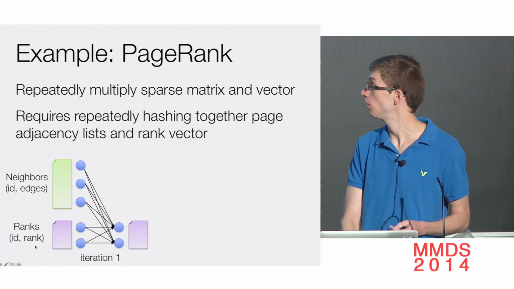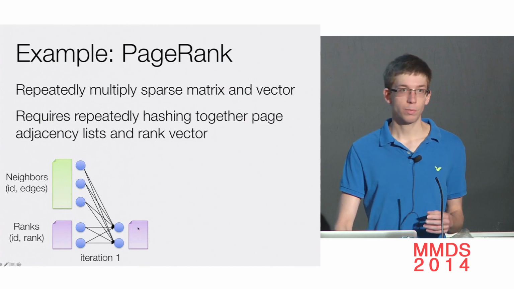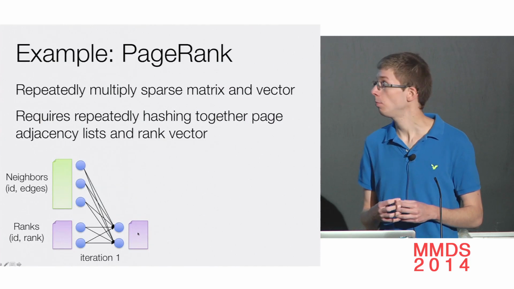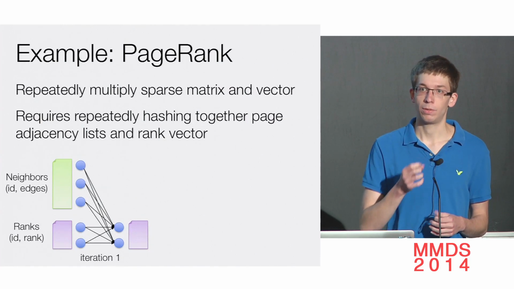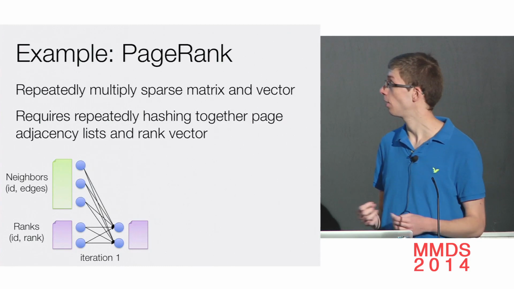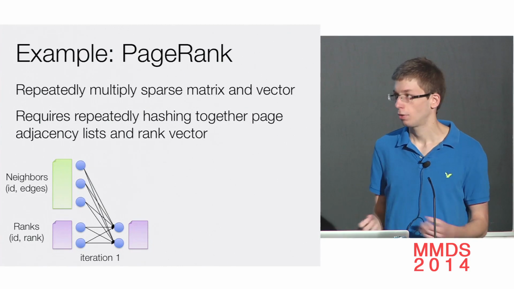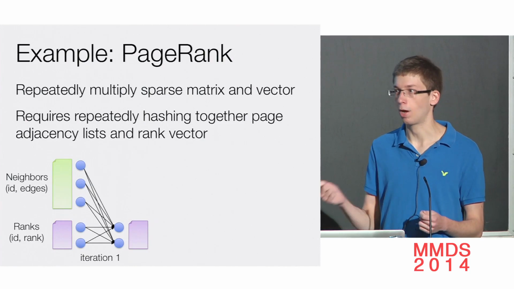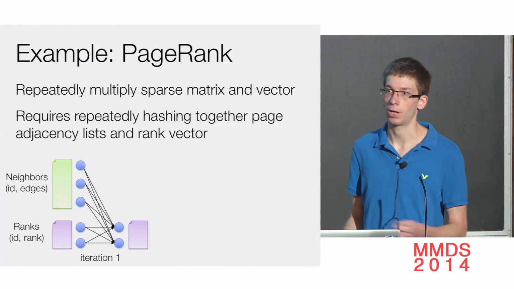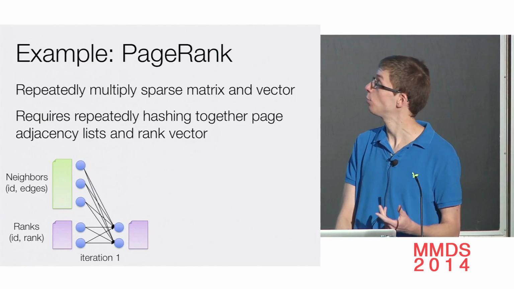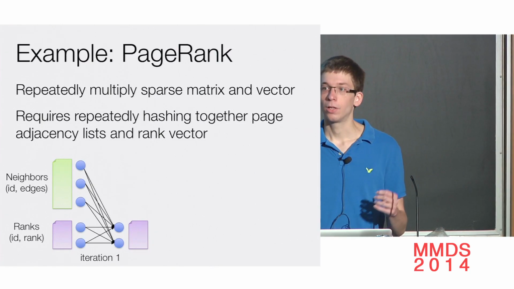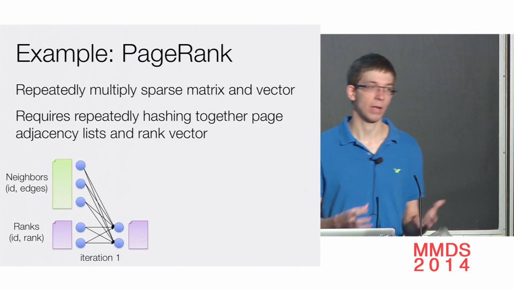And then you're going to do these MapReduce steps. In each MapReduce step, you group together the neighbor list and the rank for each vertex. Then you send out new messages to its neighbors to update them, so they can sum that up. So at each point, you basically have to hash together the data by vertex ID.